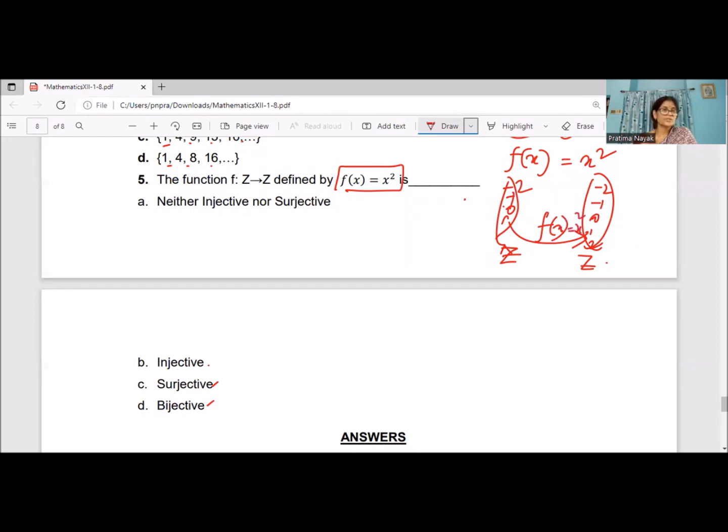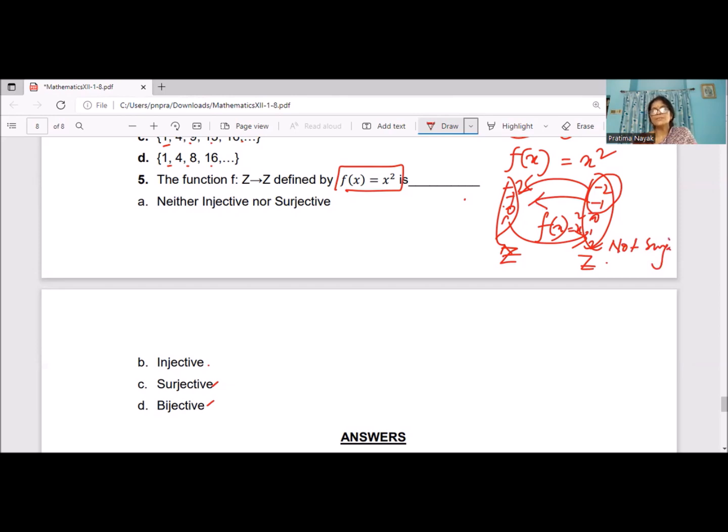Now, what type of function will it be? Will it be a bijective function? No, because these have no preimage. They have no preimage, so it is not surjective.